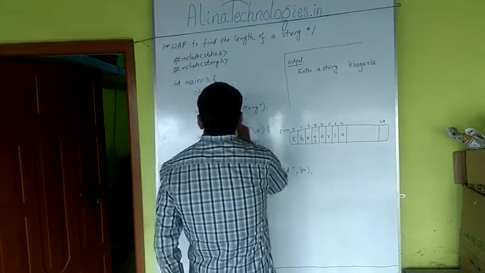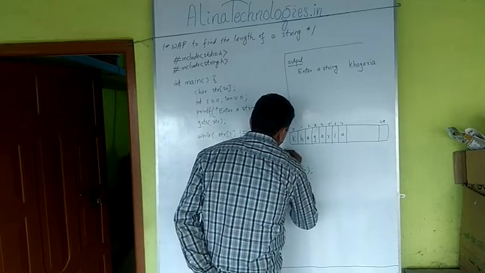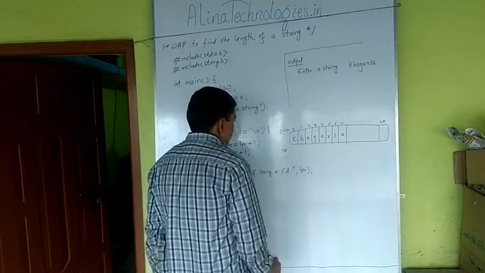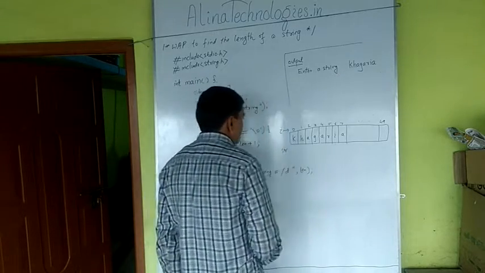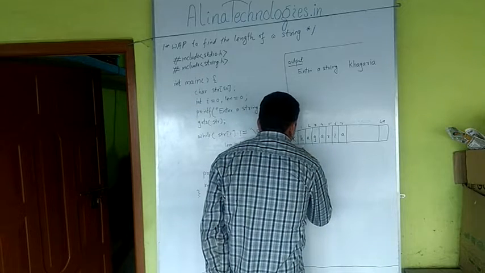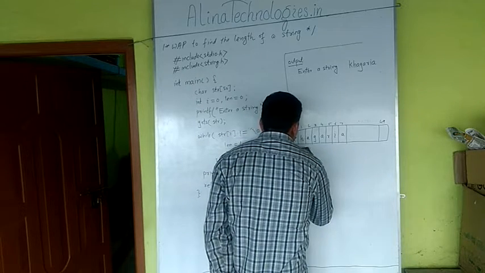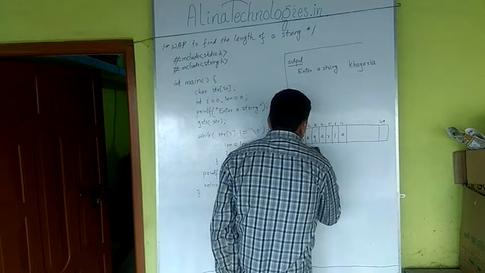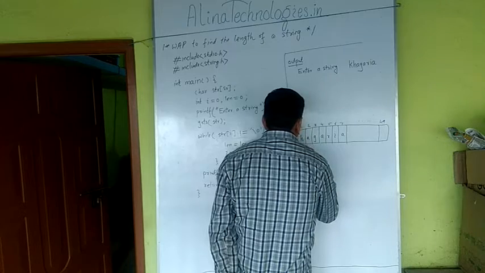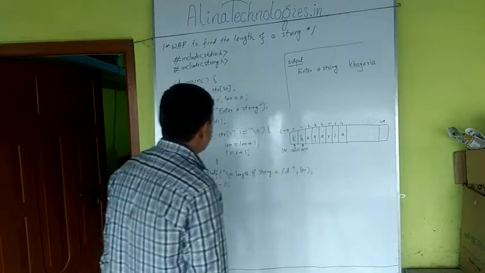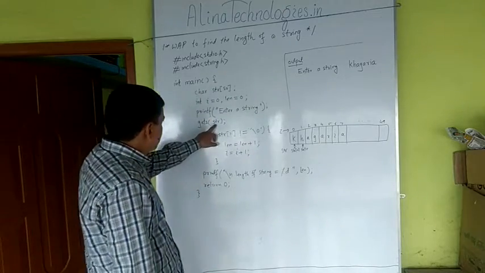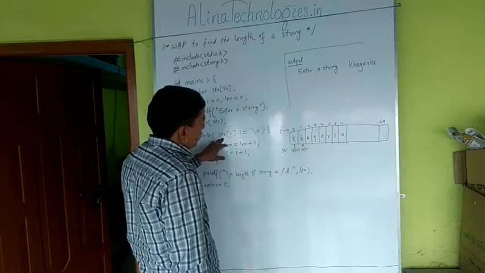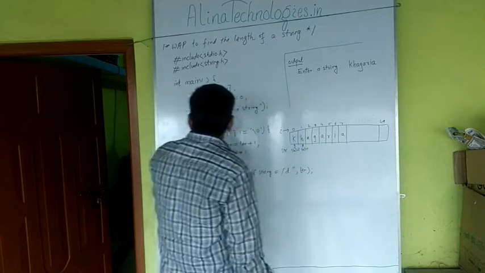The name of the array is str. This location would be str of 0, this one will be str of 1. This is stored in the str array in this manner.